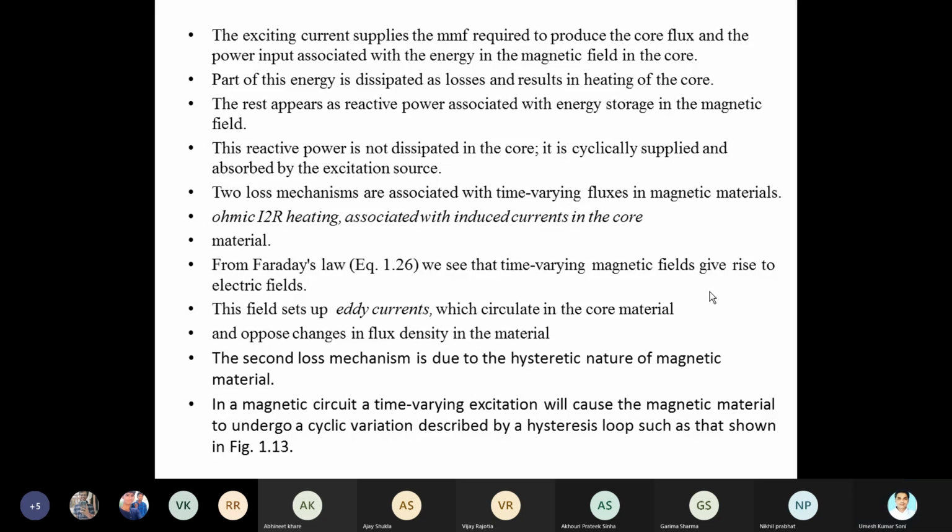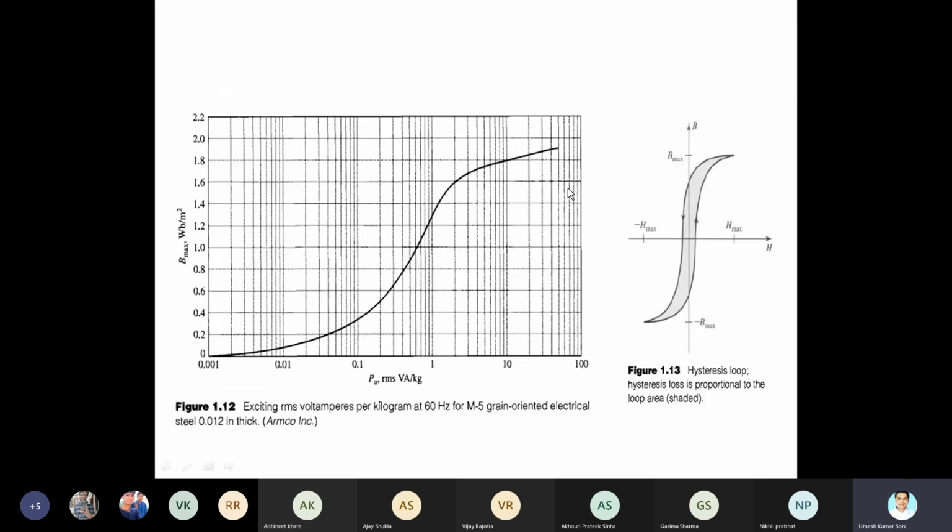Okay, now you can see here the RMS power dissipated in the core material and the flux density. Suppose that with the increasing power, the flux density is constant. Though the RMS power applied to the winding is increasing, the flux density is constant.